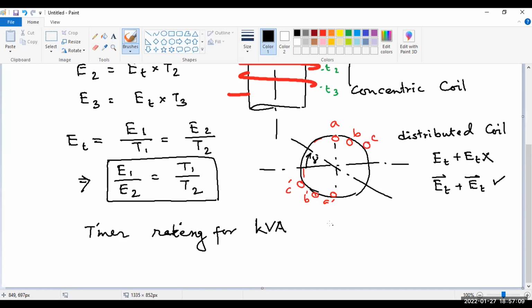All rating is always the power rating. Speed is also another parameter, but the power basically decides the size of the machine. So it will be rated in kilowatt or watt. If you see any motor's nameplate, you will find watt or kilowatt or horsepower, all having the mechanical unit, watt.